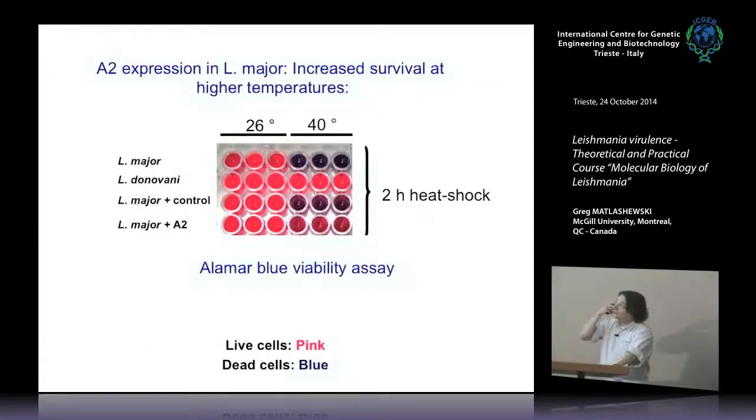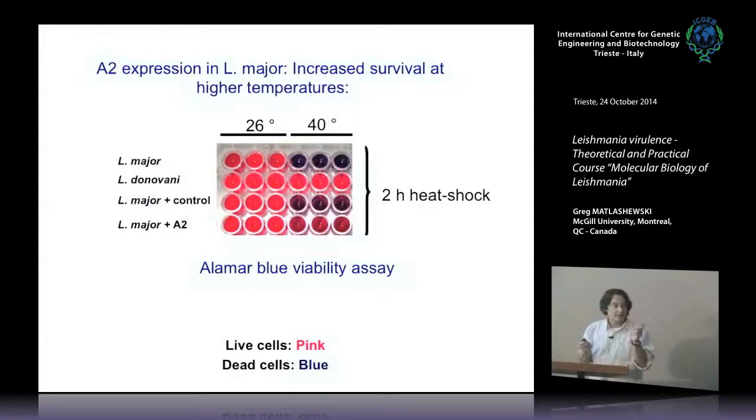And this is quite an interesting experiment as well. Again, it involves looking at survival in different heat. So L. major, which stays on the skin. In this assay, if L. major is grown in these wells here, and if the parasite is alive, the color of the dye is red.